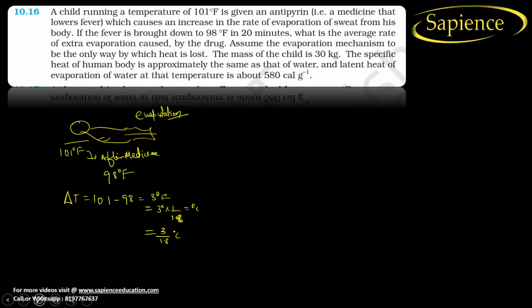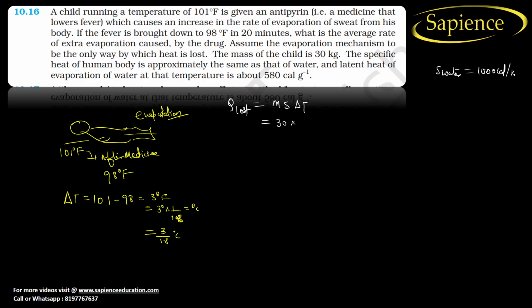Now we need to understand how much heat he has lost. So Q lost, the heat lost by the body, is how much? This will be mass of the body into specific heat of the body into delta T. The mass of the body is 30 kg. For specific heat we have to take that of water, because the body is full of water, so this is equal to 1000 calorie per kg degree Celsius.